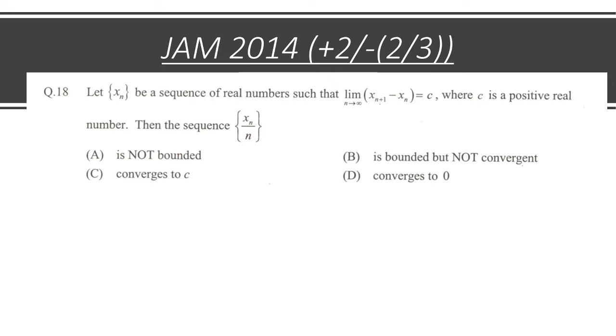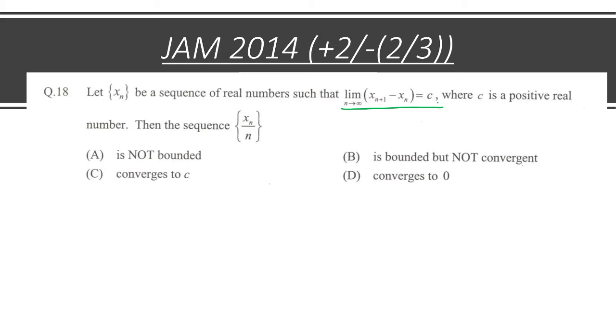At first you might find a few options are correct, a few are not, but we need to have a solid proof in our hand to select any one of the options. The first thing that I would like to do is just make an observation on what is given. When I see this, what strikes my head?